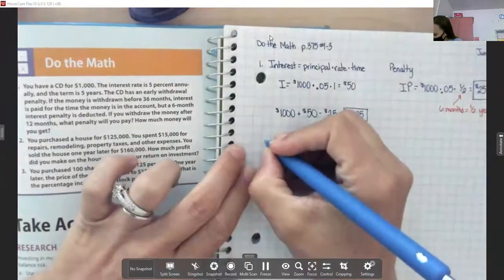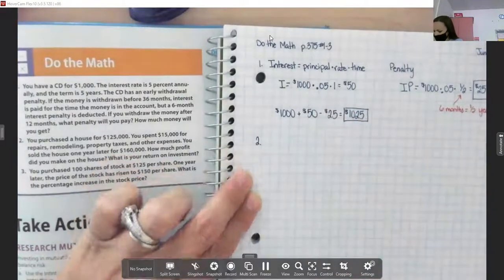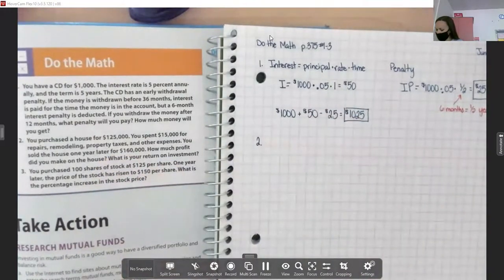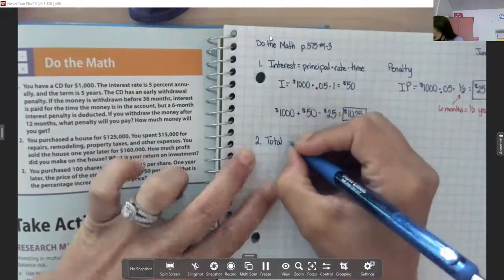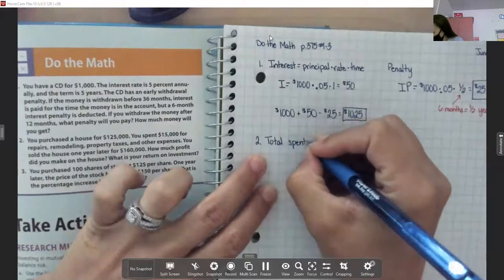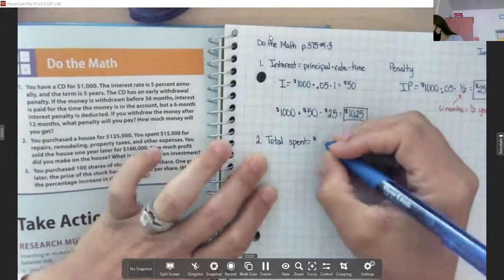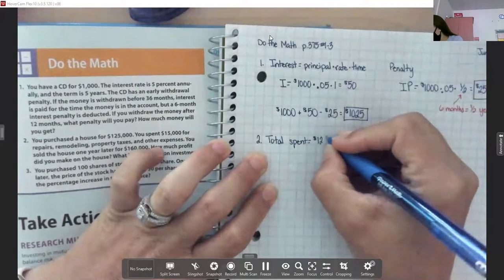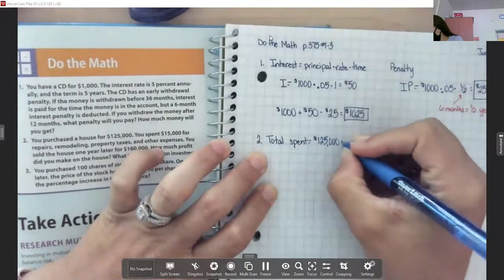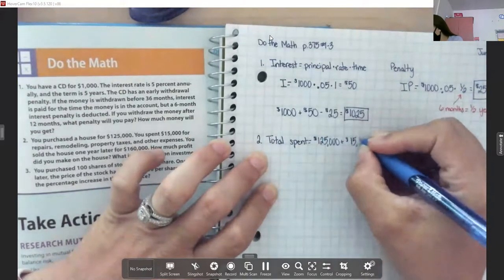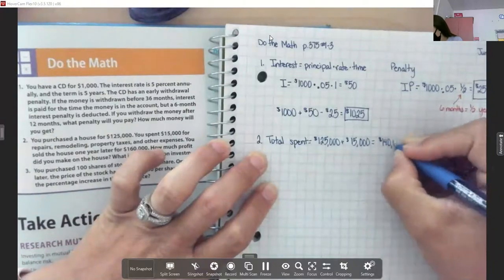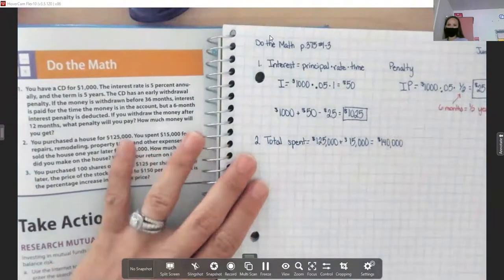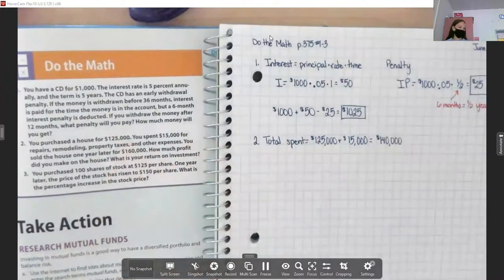All right, so you bought it for $125,000 and you spent $15,000. So the total spent is going to be $125,000 plus the $15,000. So out of your pocket was $140,000.